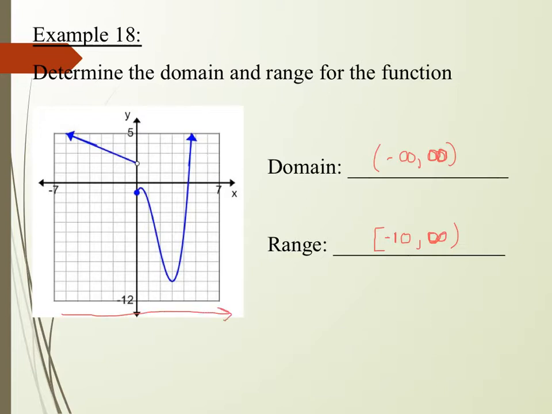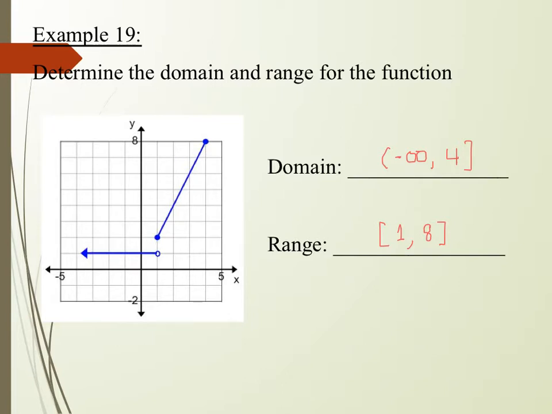So along the x-axis, it can go in either direction, so it goes from negative infinity to infinity. And we check to see what our y values can be. In this case, y can start at negative 10 and go on up. So our range is the closed bracket negative 10 comma infinity.